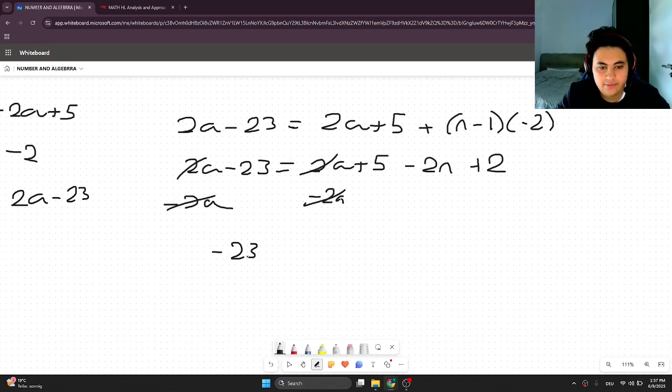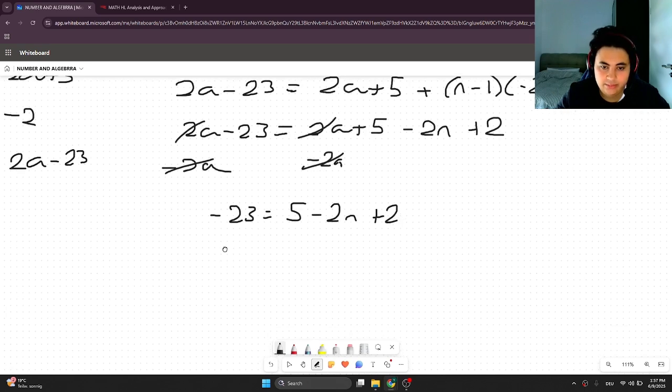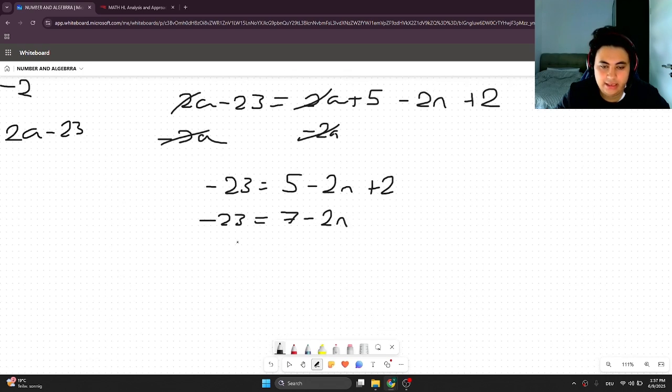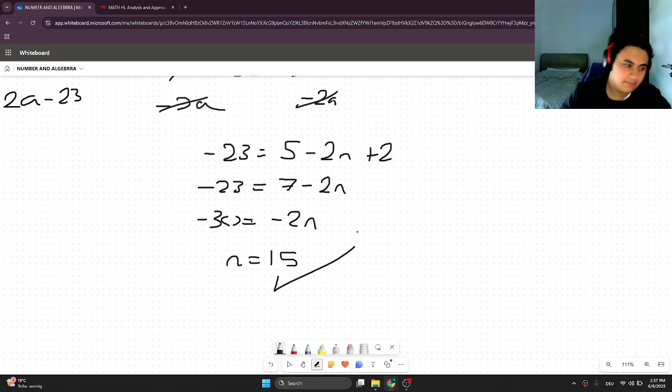You are left with negative 23 is equal to 5 minus 2n plus 2, so negative 23 is equal to 7 minus 2n. Then I subtract 7, so negative 30 is equal to negative 2n. Therefore n is equal to 15, which is correct.